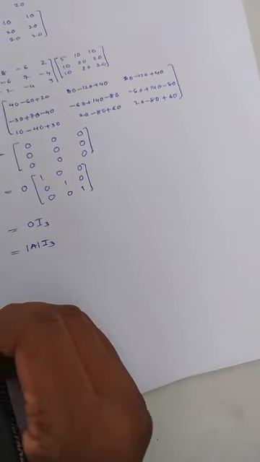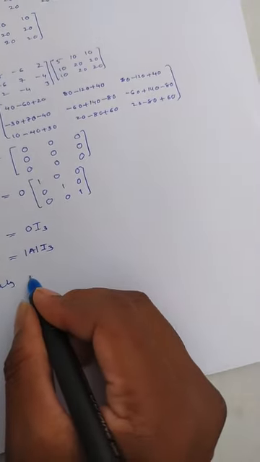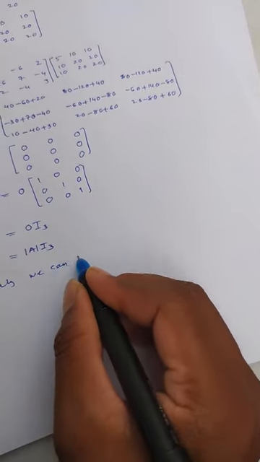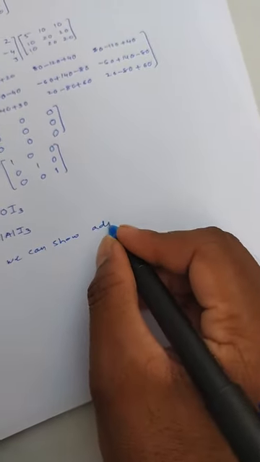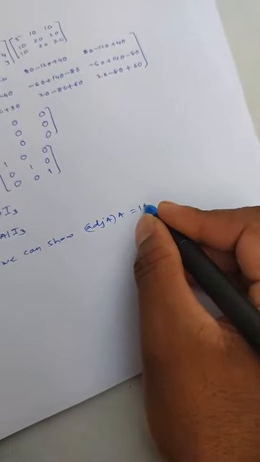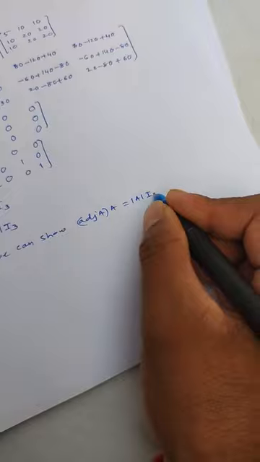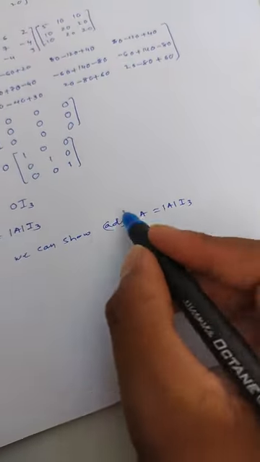Similarly, in the similar way, we can show adjoint A into A equals det A into I3. I am not doing it here, you have to solve it.